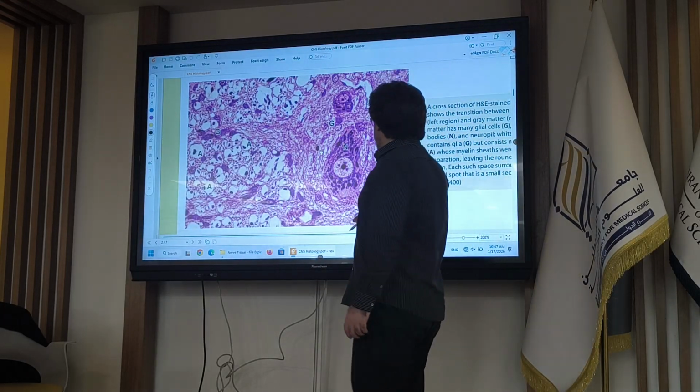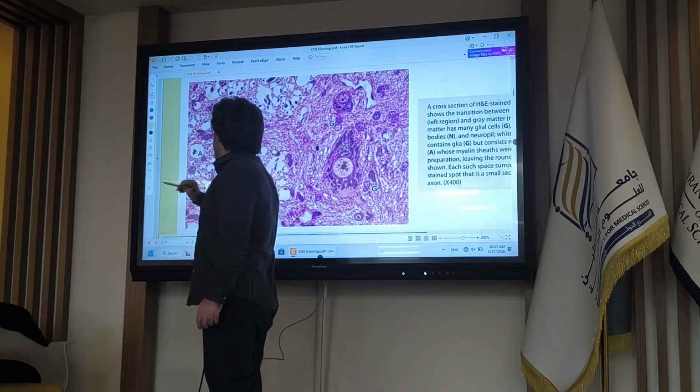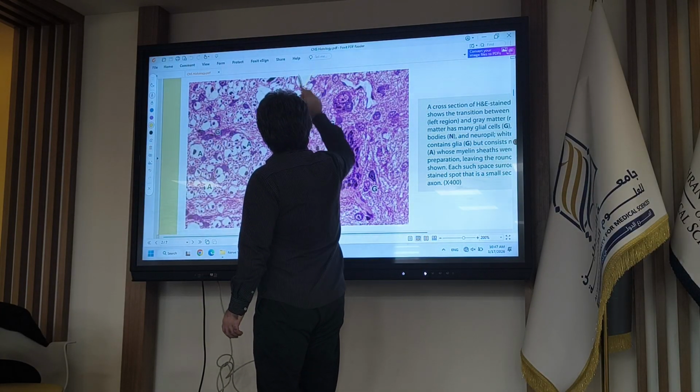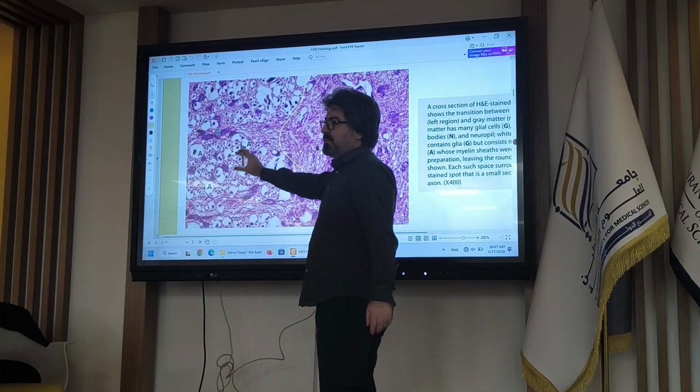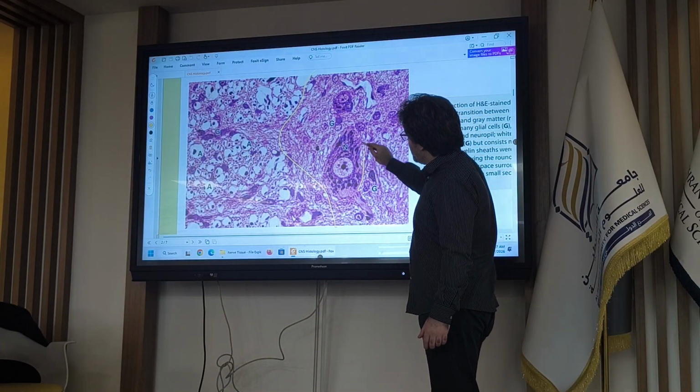Look at this picture. Compare this part with this. Here you can see a neuron.